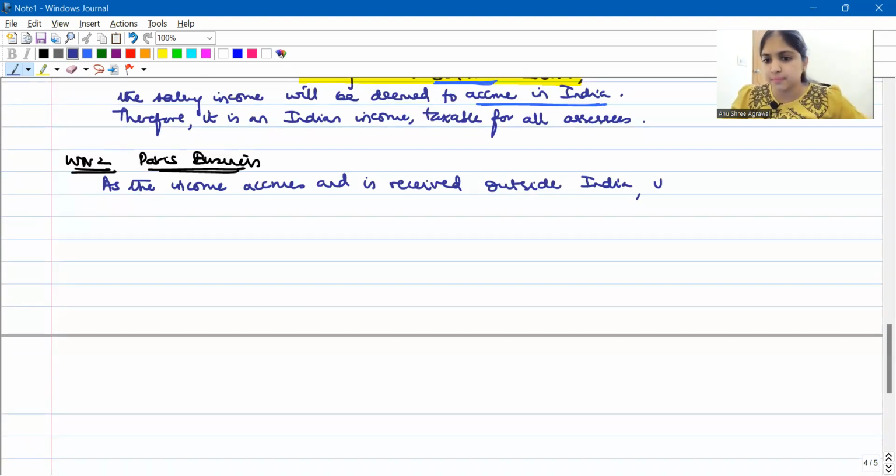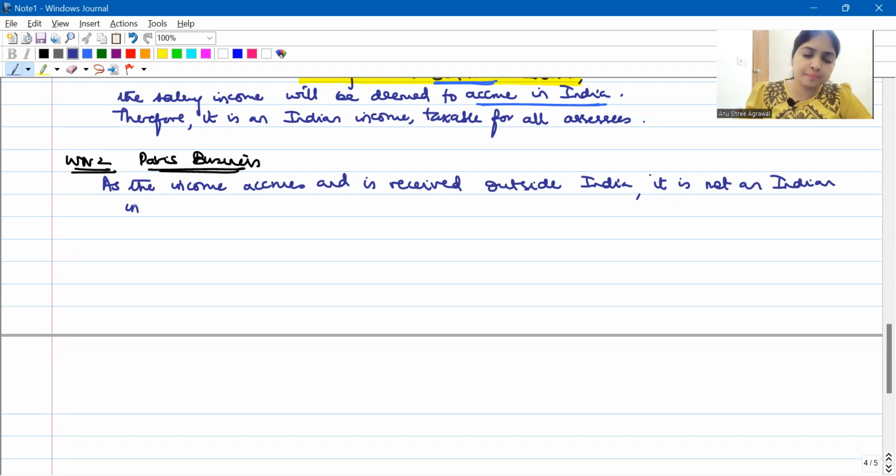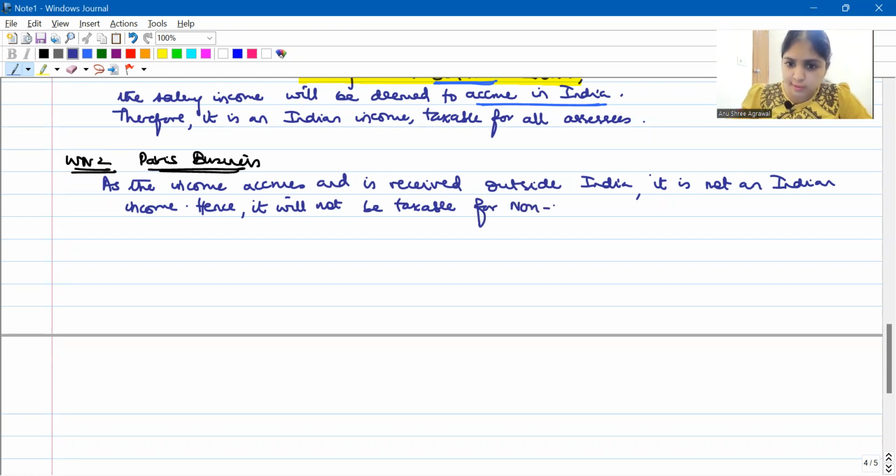Come on. It is not an Indian income. Hence, it will not be taxable for non-resident. Next line.